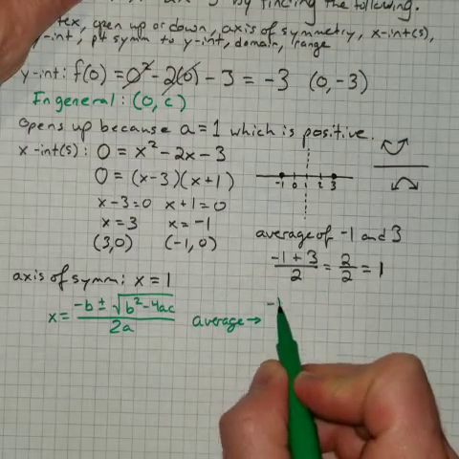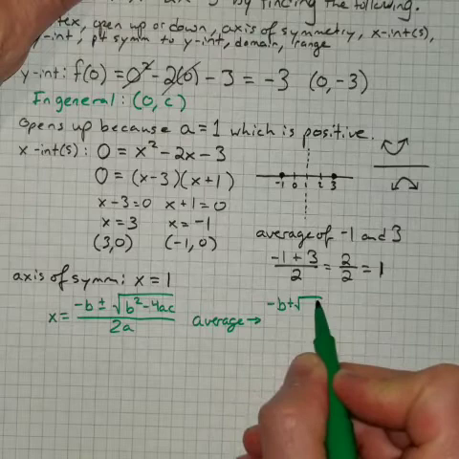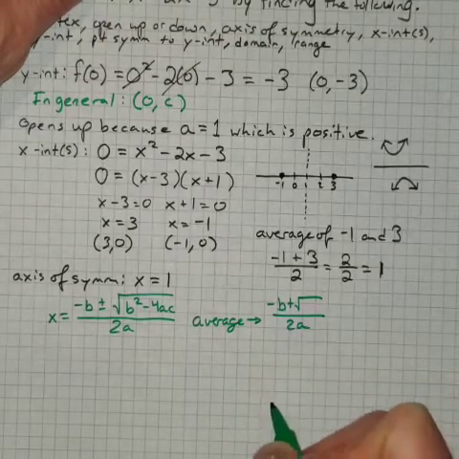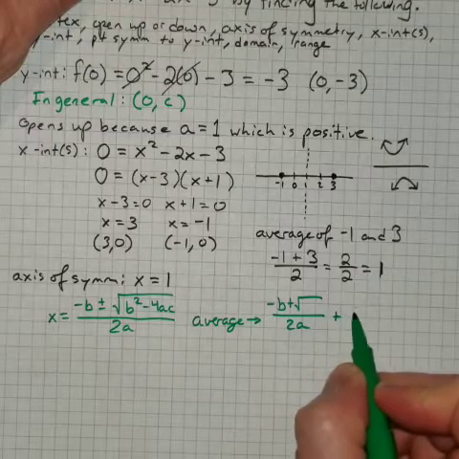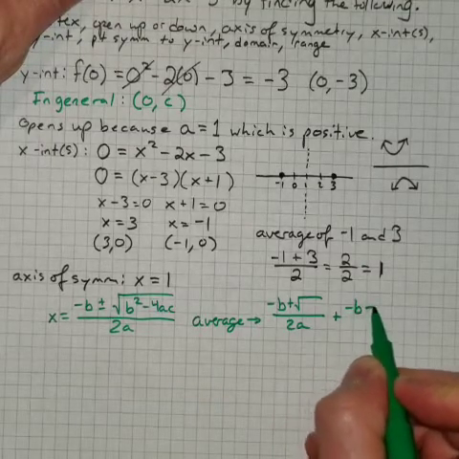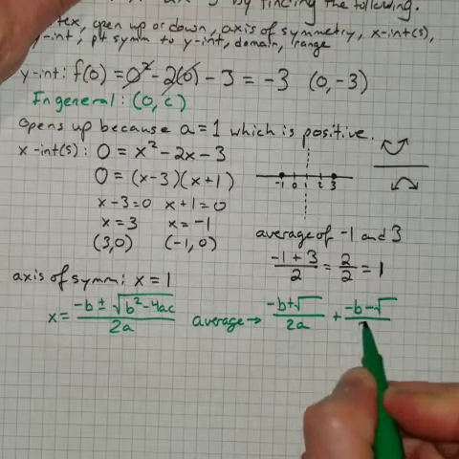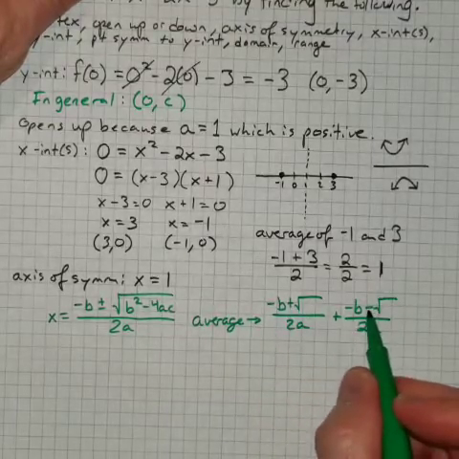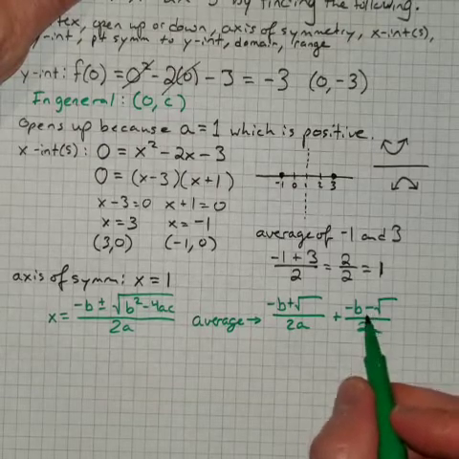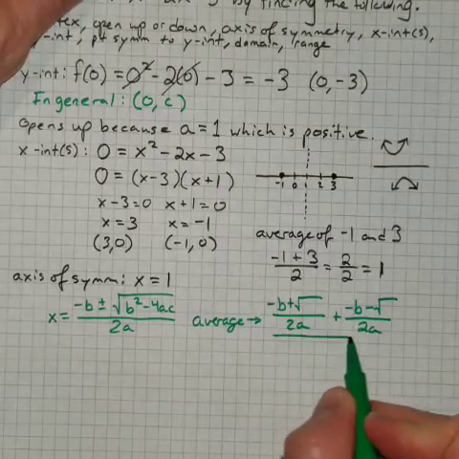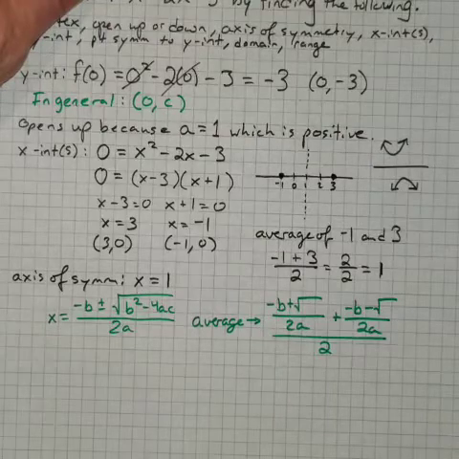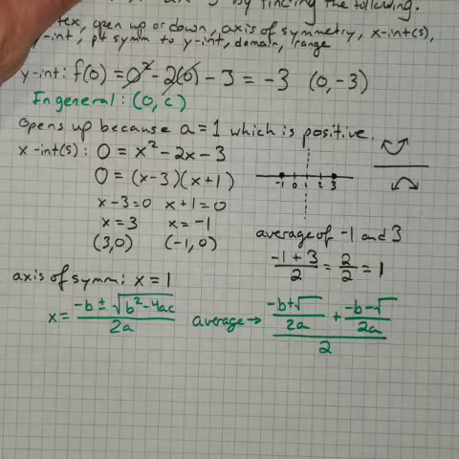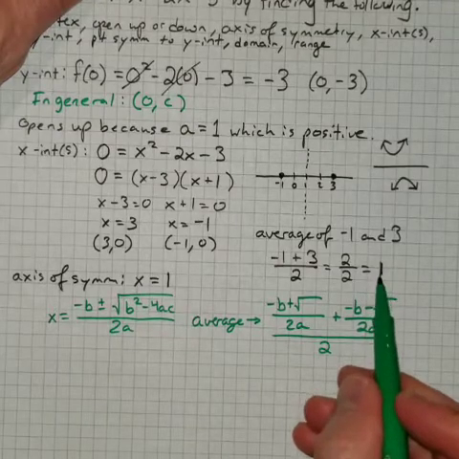It'd be like negative b plus the root, I'm not even going to write the whole thing out to save some space, all over 2a. And then you would add to that negative b minus the root all over 2a. These two give you the two x-intercepts. If you add them up and divide the whole thing by 2, you end up with the axis of symmetry number.